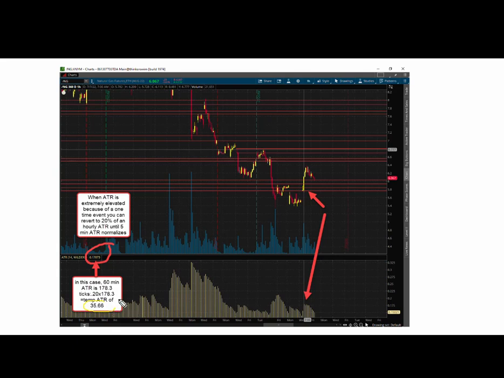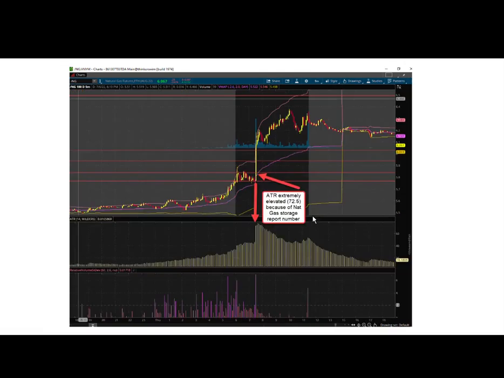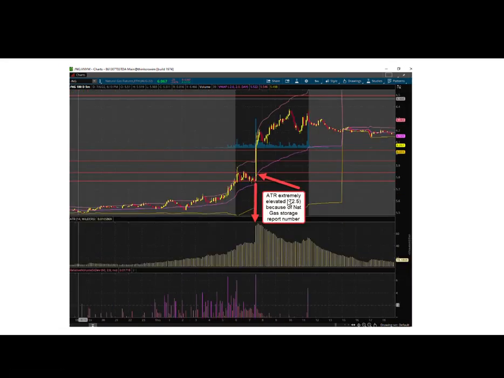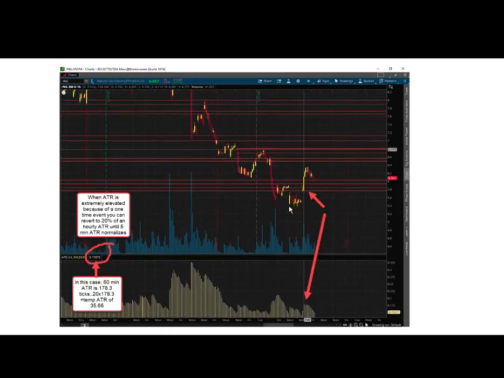I would round that up to 36 ticks, and you can see that 36 ticks is indicative of what the real volatility was before the spike, and what it came back down to. So once the number comes out, you can take 20% of an ATR and only be risking 36 ticks outside of your zones for your stops and entries versus 73. It's just not necessary to be risking that much, from my experience.